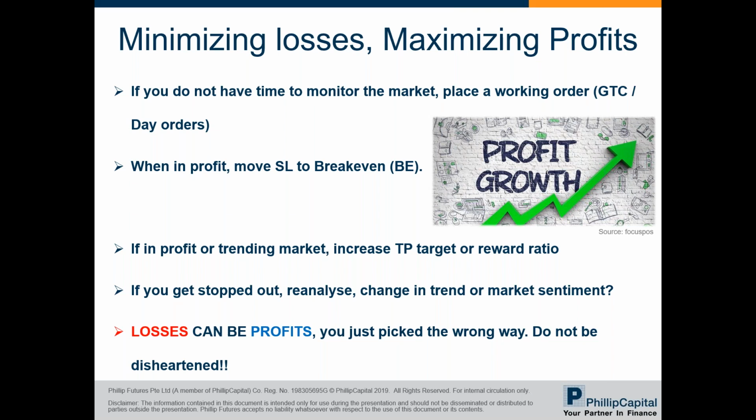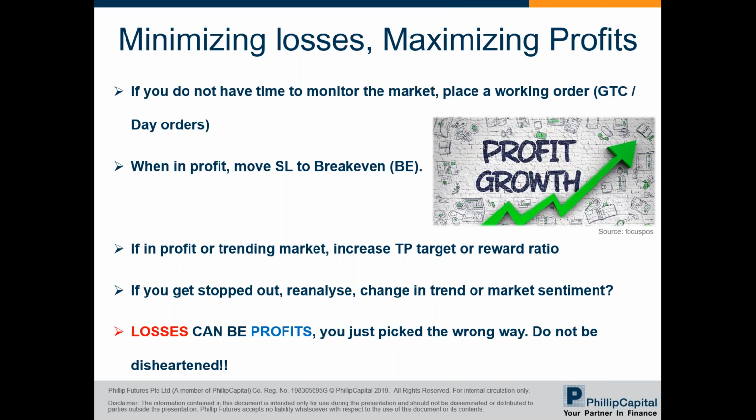So yep, if in profit on trending markets, increase your take profit target or reward ratio to maximize your profits as much as possible. And if you get stopped out, reanalyze: was there a change in the trend or market sentiment? Then look for better prices to enter. Just remember, losses can be profits.